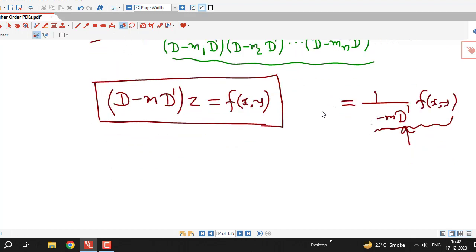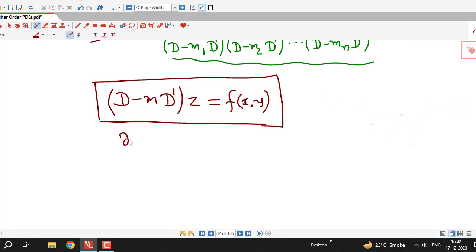Now as we know, D and D' are partial derivatives with respect to x and y. So I can rewrite this as del z by del x minus m del z by del y equal to a function of x and y.